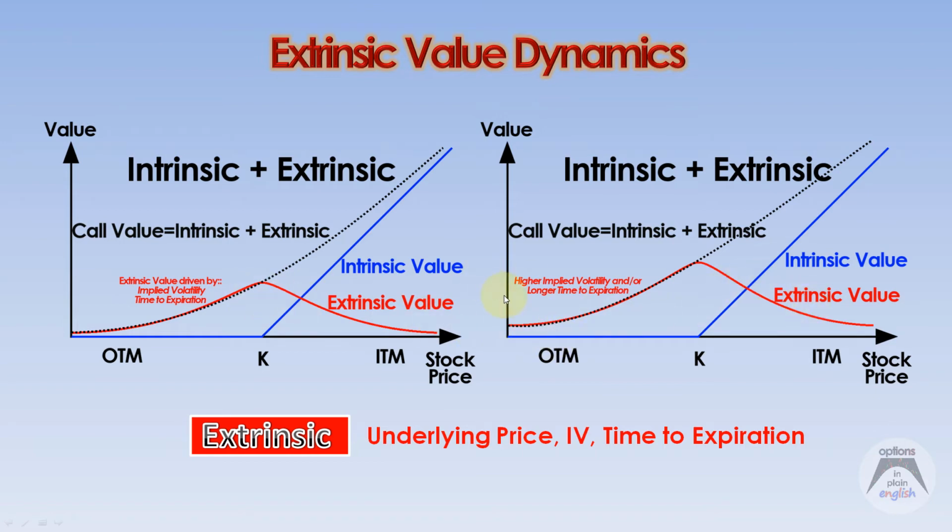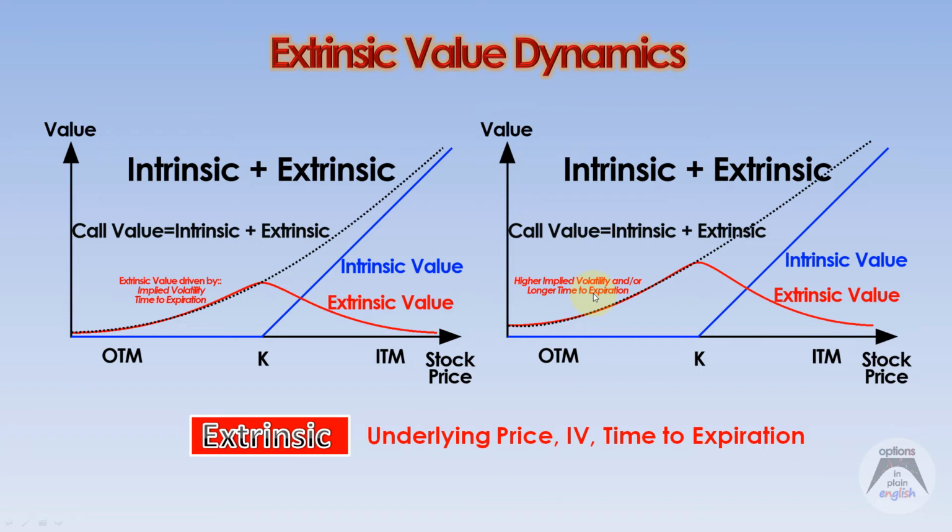And because of this, the options overall, and this is something that you probably noticed empirically just by trading, is that options that have more time to expiration are higher in value. Why? The intrinsic value is the same, it's the extrinsic value that changes with longer time to expiration.